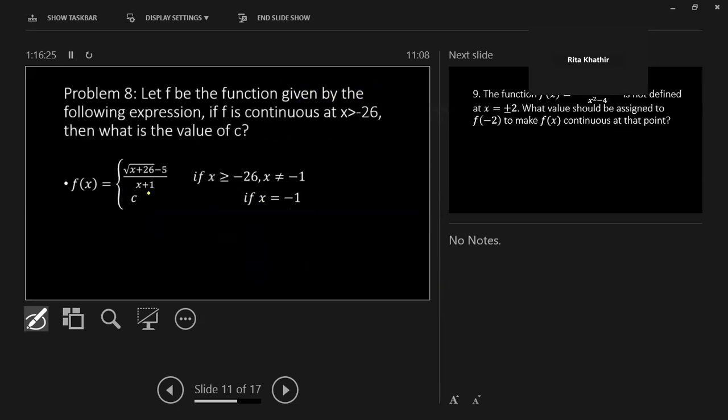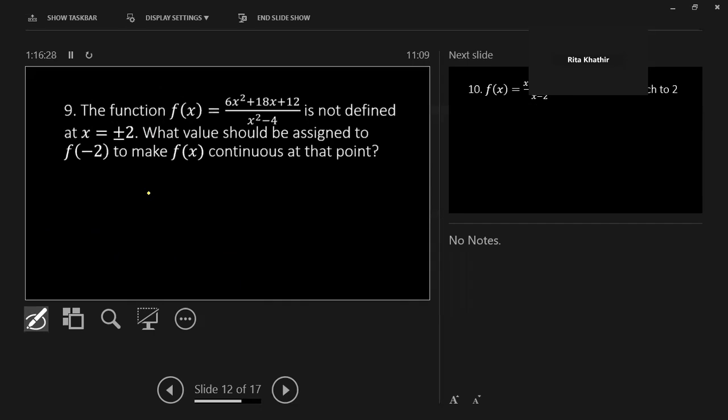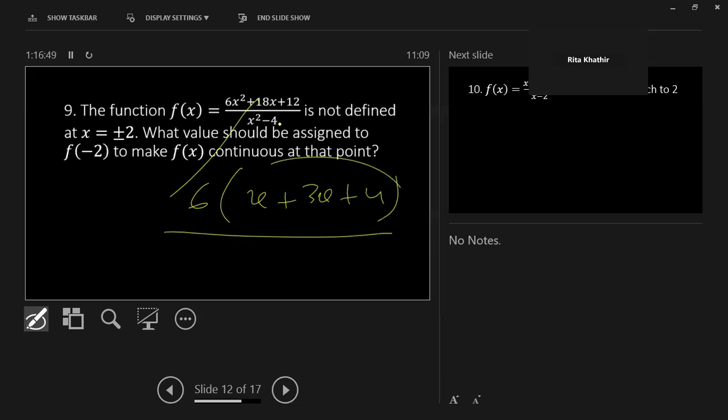You can solve this problem the same way. You can also solve this problem by factorization, I think. The first one, just try to make it like this, x squared plus 3x plus 4, then make factorization. And then you can also make this to be x plus 2, x minus 2.